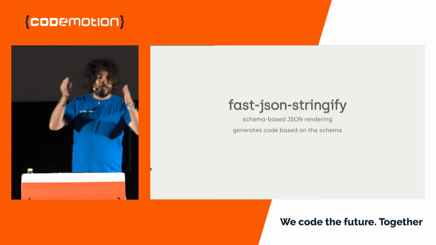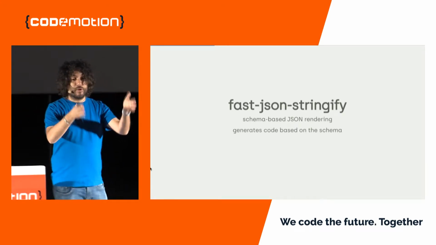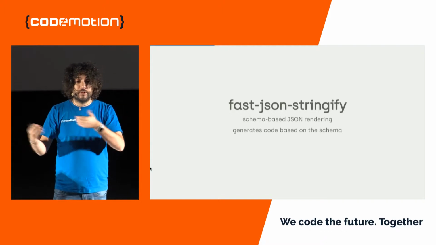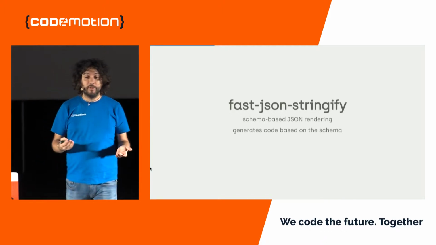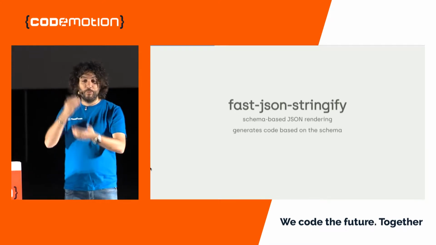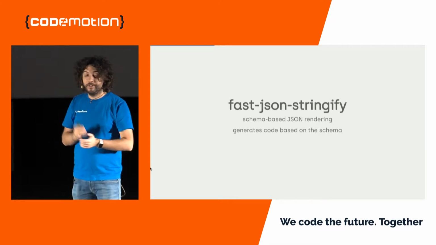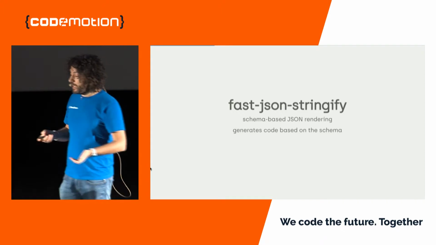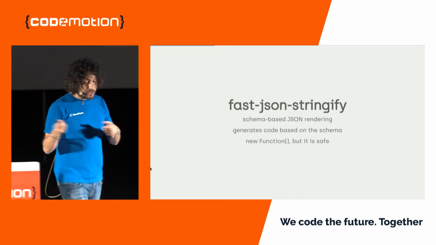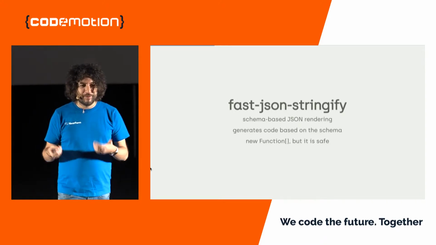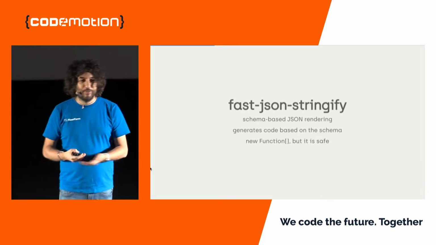So it actually goes and generates a custom stringify function for your data structure. So in that moment, it's not a recursive algorithm anymore. It can be implemented with a nice set of loops and function calls. And it's safe to use, even though it uses new Function. Everybody, I told you, do not ever use new Function.